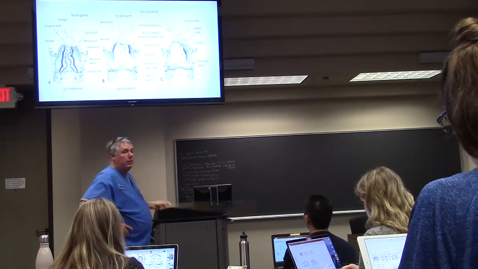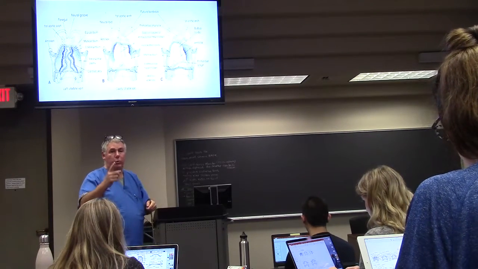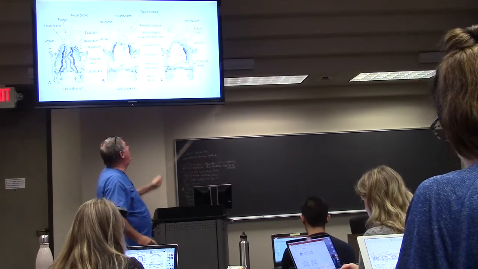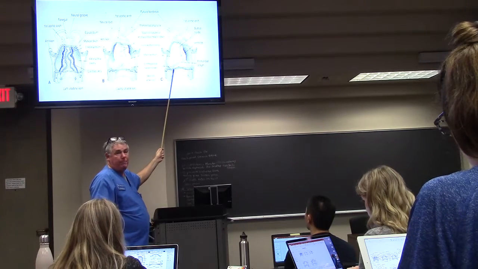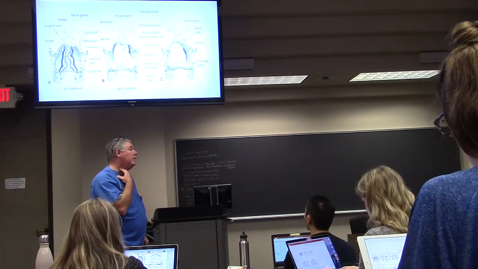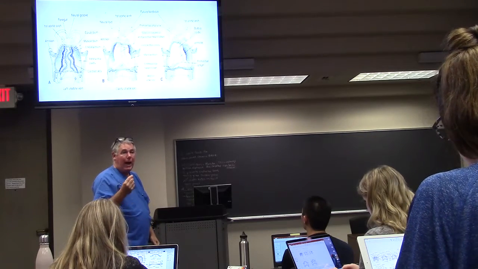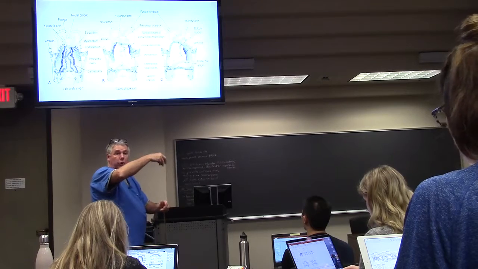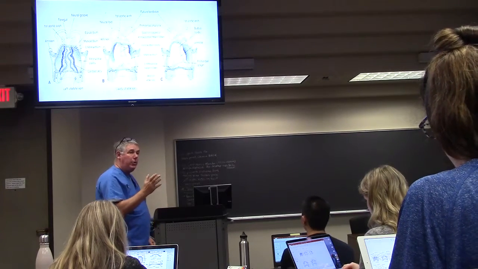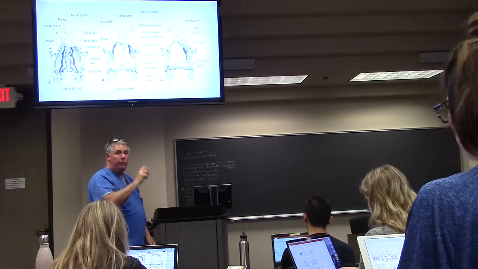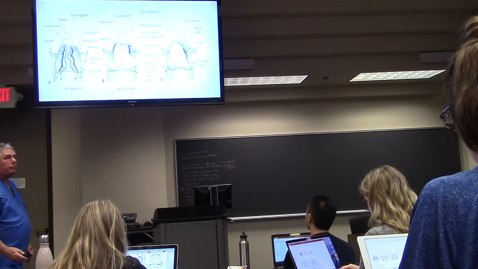A fusion of 2 primitive tubes into one tube. You're going to have two tubes going out the top, 2 tubes going out the bottom. But one tube. That's how your heart starts out, one tube. So the rest of the conversation is going to be, how do you get one tube into 4 chambers? That's the tricky part. Okay.